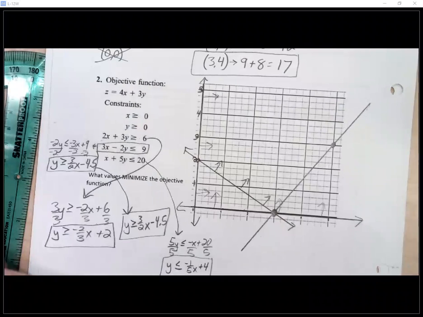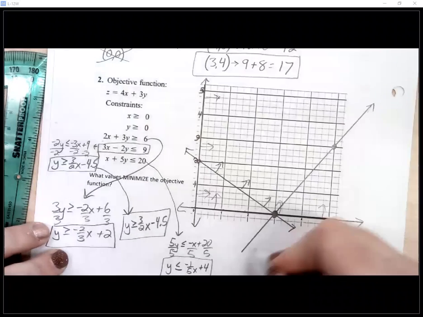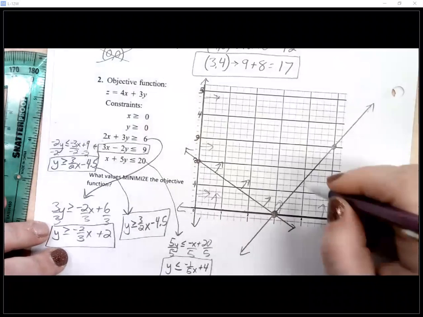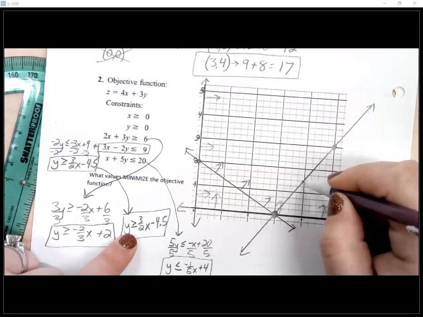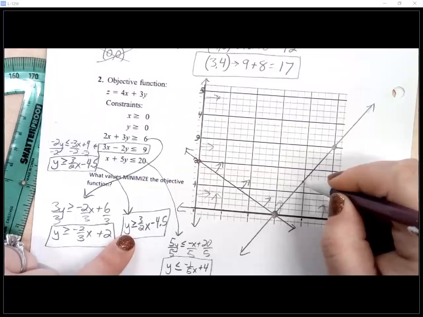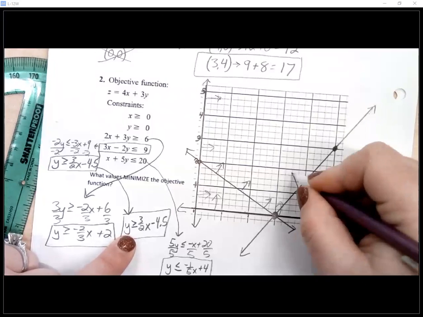Yeah, which is where it was supposed to. So I'm feeling good about this one. Now I put my pencil on the line, I go right here, and I ask myself, okay, should I shade above or below? It says y is greater than, so I'm shading above again. So I want to be above this line.